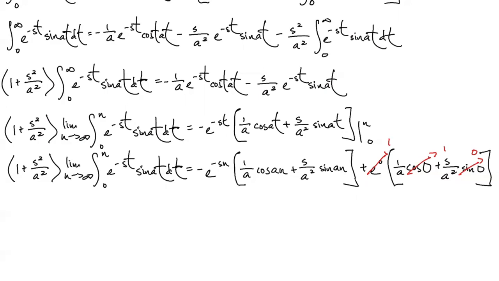Now check this out though. If we're thinking about n approaching infinity, e to the negative infinity actually gets really close to 0. And 0 times something is going to give us 0.